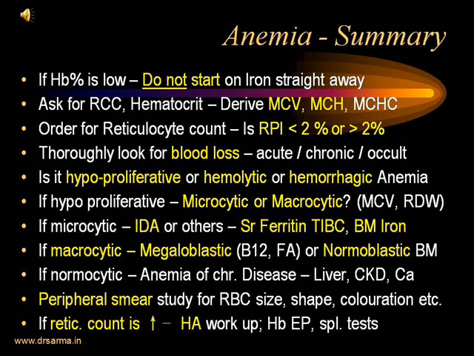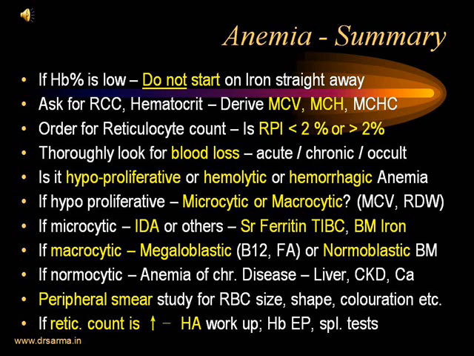Then, in order to exclude the hemorrhagic anemias, thoroughly look for blood loss, either acute, chronic or occult. Remember, the occult blood test, the Benzidine test, will be false positive in patients who have taken non-vegetarian food during the past 48 hours.